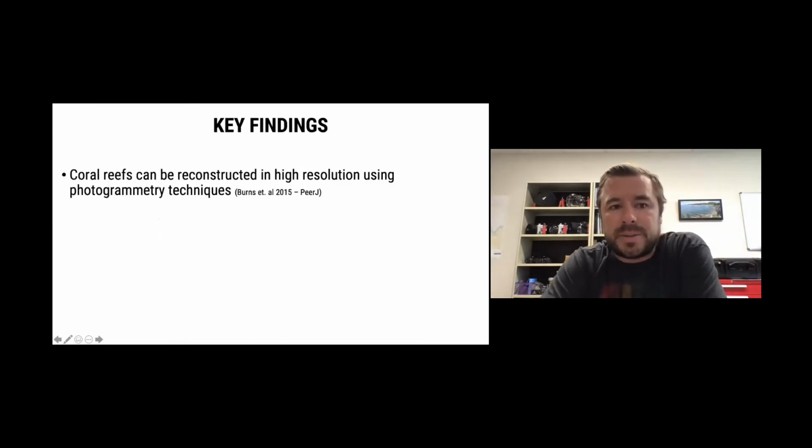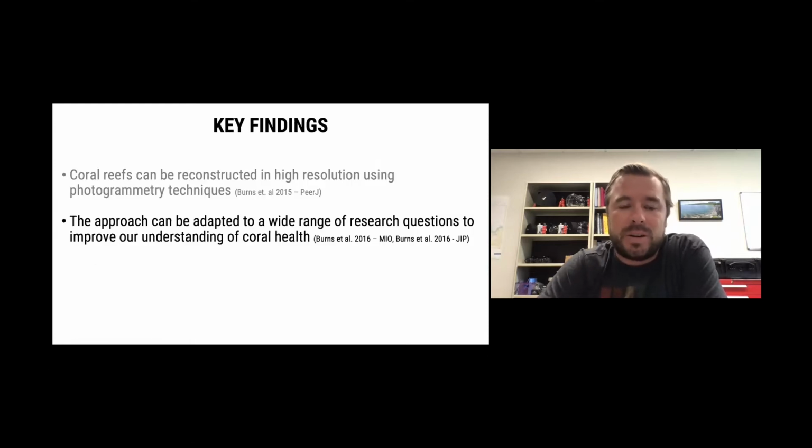So the key findings from this work were, one, we can do it. That was the biggest goal I had when I was first trying to do this in my PhD, was to simply show you can reconstruct coral reefs using photogrammetry. It is possible. And we can also then annotate and identify which species are contributing to complexity, and it can be applied to a wide range of studies to improve our understanding of coral health.